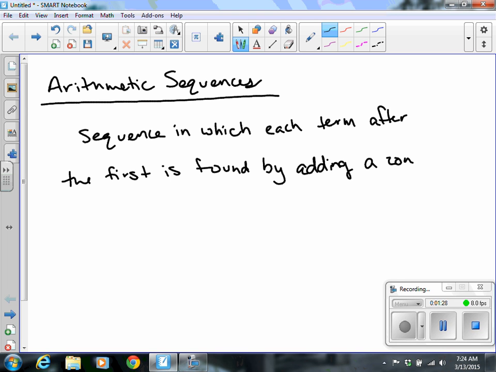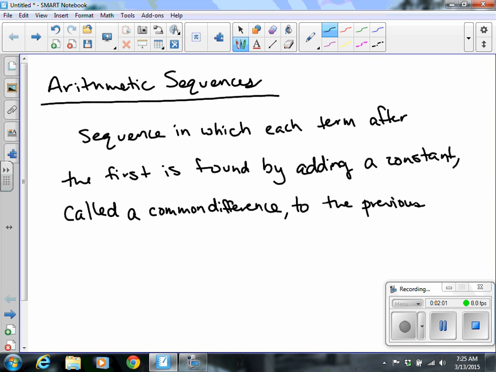A constant number, which this constant is called a common difference. Sorry, I know this is a lot of writing. So a sequence in which each term after the first is found by adding a constant, which, by the way, is called the common difference. So by adding a constant to the previous term.